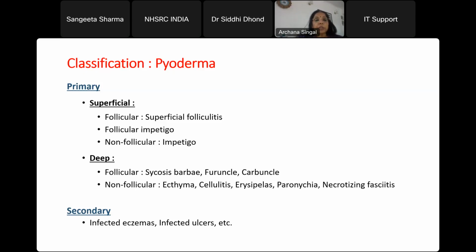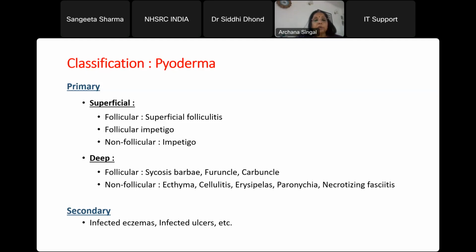So superficial infection will include follicular types, like superficial folliculitis, which means inflammation of the infundibulum of the hair follicle, and follicular impetigo, and non-follicular impetigo. Deep will include sycosis barbae, furuncle, and carbuncle. I'll show you the pictures.